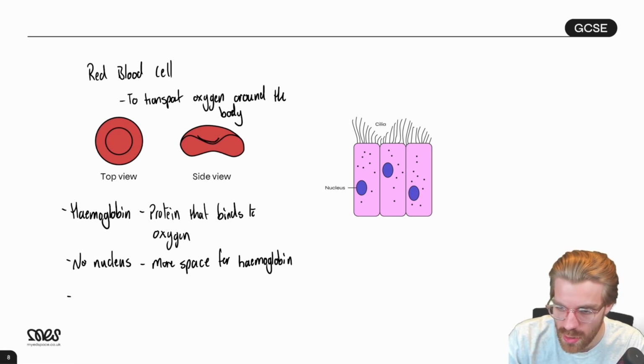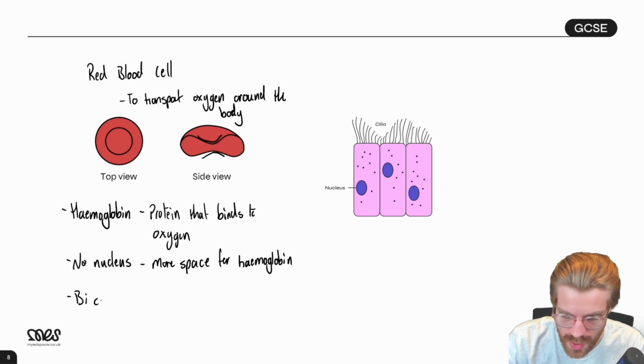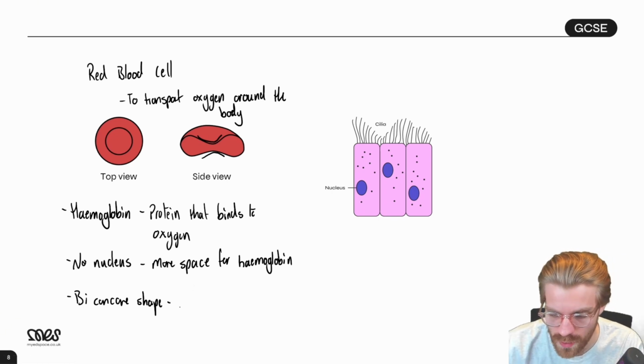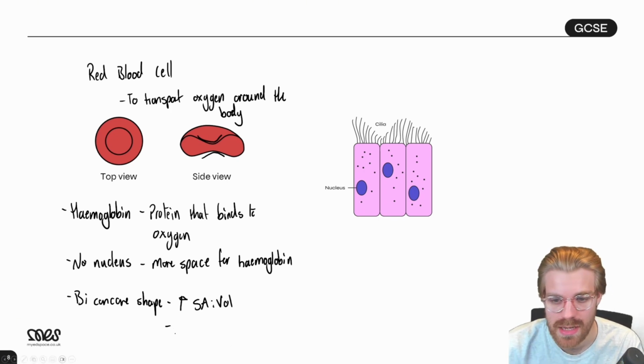Both sides of the red blood cell dip in like this. That biconcave shape increases the surface area to volume ratio, and this maximizes the amount of oxygen that diffuses into the cell.